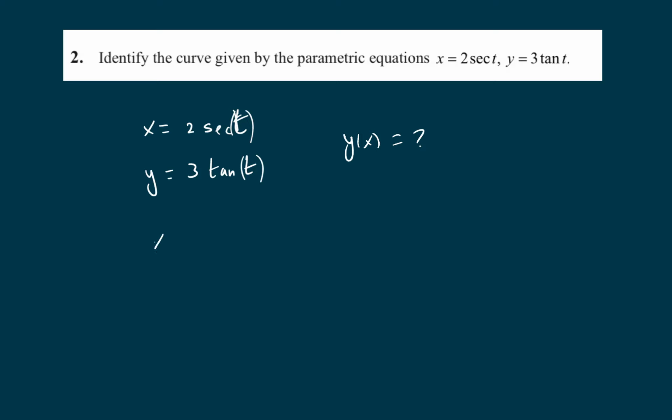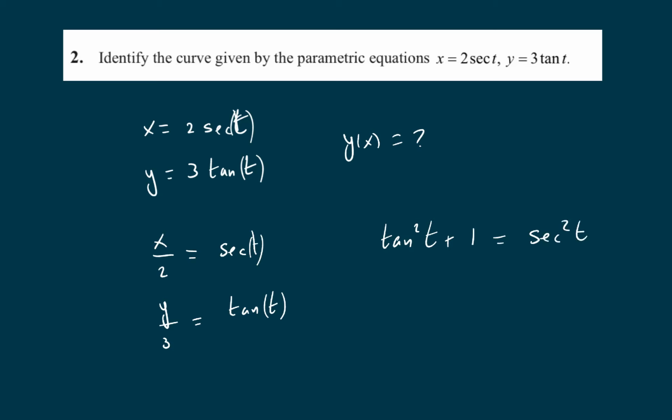So I will do it like this. X divided by 2 is secant t. Y divided by 3 is tangent t. And I know that tangent squared of t plus 1 is secant squared of t.